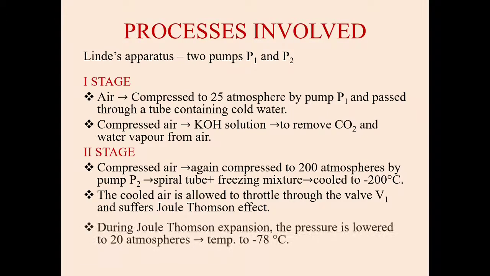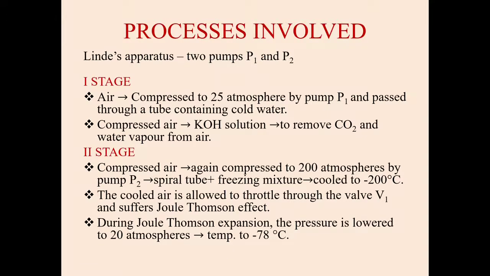You know the Joule-Thomson effect: the air will go from a higher pressure region to a lower pressure region. During this expansion the pressure is lowered to 20 atmosphere and the temperature of the gas is further dropped to minus 78 degrees centigrade. So the air which was at a normal temperature now has a temperature of minus 78 degrees centigrade.